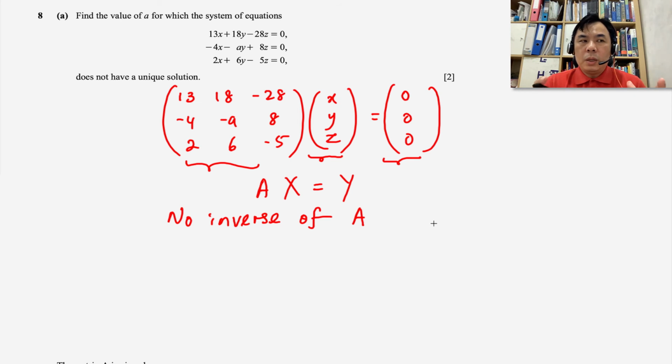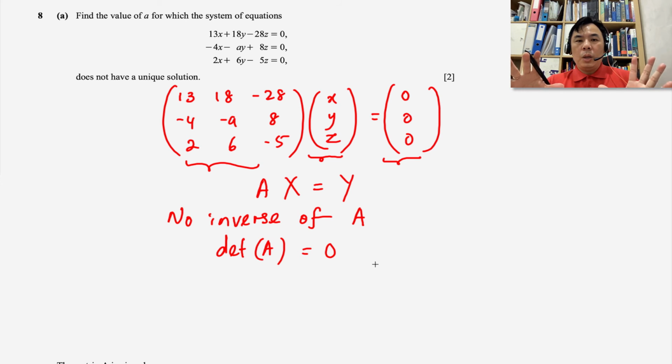So what will be the condition for not having an inverse for A then? Therefore, for this to be true, the condition must be that the determinant of A must be equal to 0. Right? So hopefully that is clear at this point.